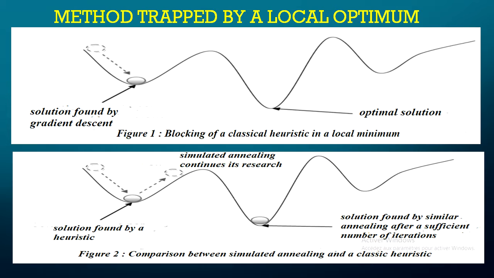The meta-heuristic gives us a solution to this inconvenience. And we can say that the meta-heuristic optimizes a heuristic. The meta-heuristic methods optimize the heuristic methods by correcting the default of this method, which is the blocking in the local minimum.